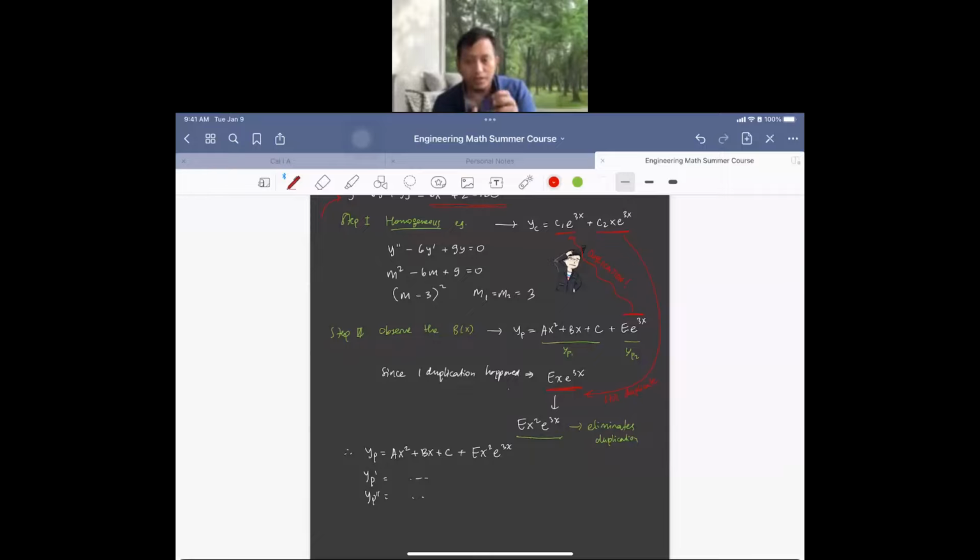So when you have the exponent and duplication, just multiply with x. If you still have any other component with the same duplication, multiply again: x squared, x cubed, x to the fourth. Depends on how many duplications you have.